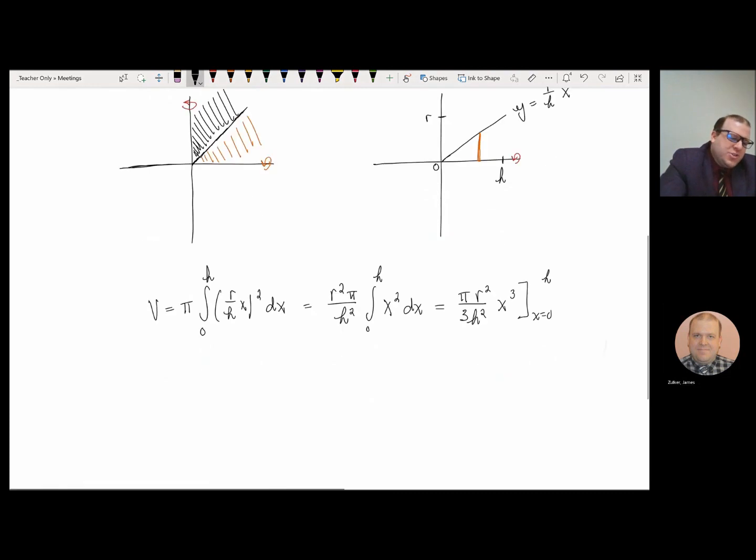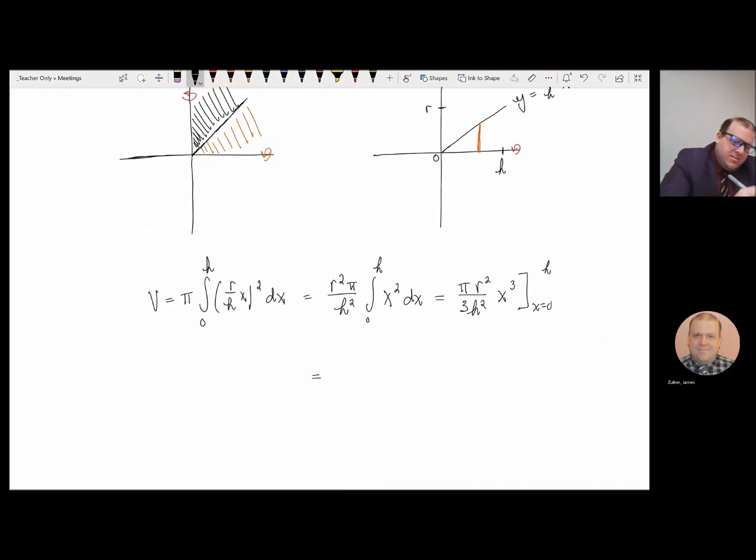Evaluate that from 0 to h. We get a third pi r squared h, which is precisely the formula you should have gotten in geometry.